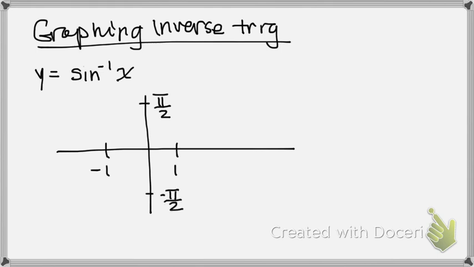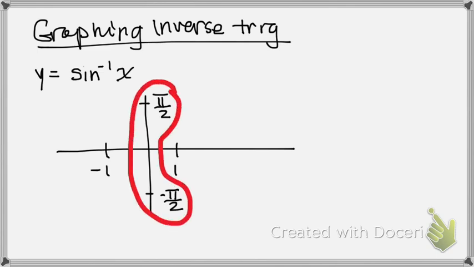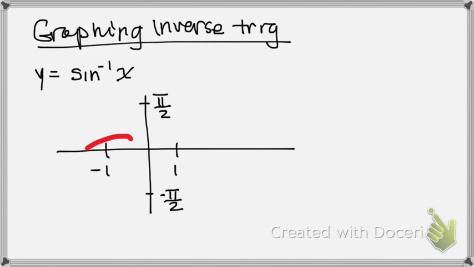Can you think about how that makes sense, that the inverse sine of x switches the x and the y, right? So on a sine function, these values would be on the x-axis. Now they're on the y-axis. On a sine function, these values would be on the y-axis. Now they're on the x-axis.